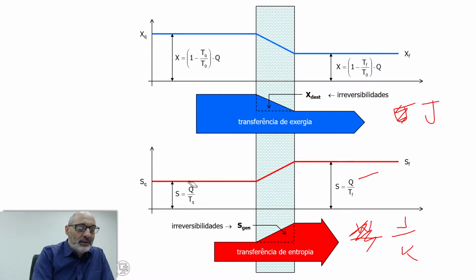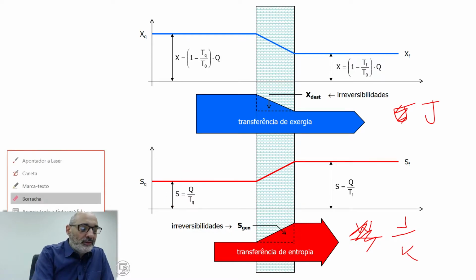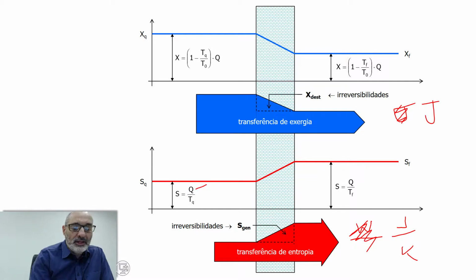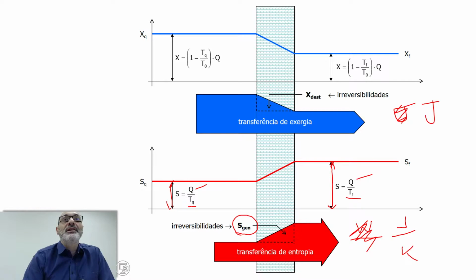So the amount of heat is the same here and here, but the temperature is different, okay? TQ is greater than TF, so the entropy content here is higher than here. And this is because of entropy generation, actually because delta T is finite, okay?